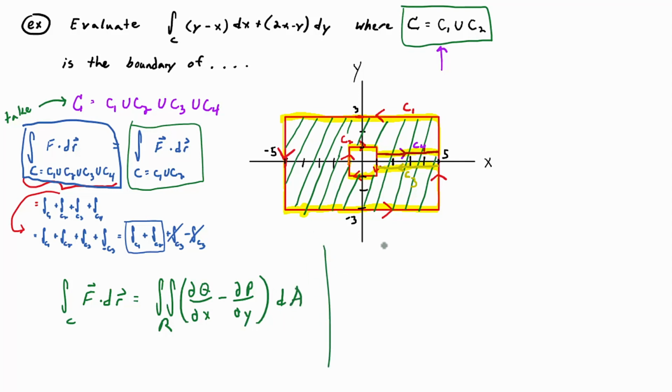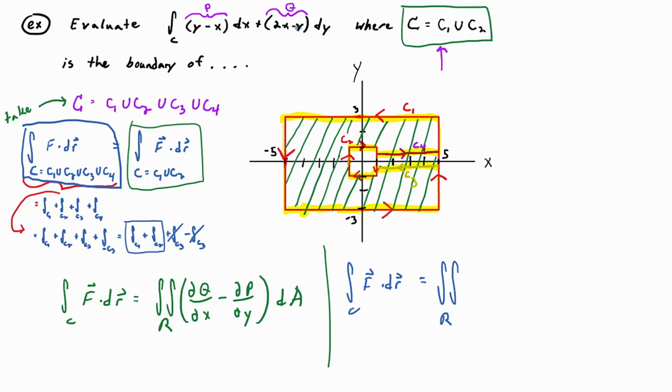So what does this tell us to do? Find those partials. So what's P? P is that guy, Q is that guy. So let's see if we can set up the integral and do everything at once here. So the line integral of F dot dr is going to be equal to the double integral over, I'm going to leave it R, of dQ/dx.